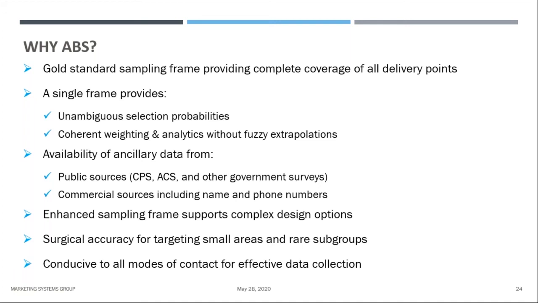And again, availability of ancillary data from public and commercial sources provides all sorts of functionalities and nuances that can support complex designs, which, unlike some of the old methods, make it possible to select samples that are specific in terms of geography, or even if there are some rare subgroups that need to be targeted.